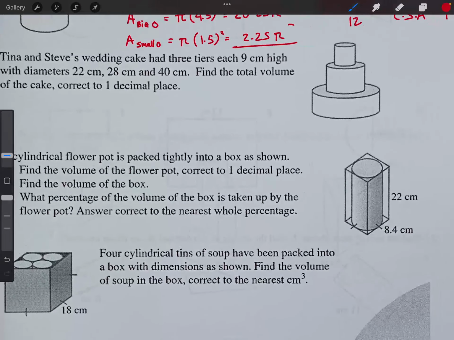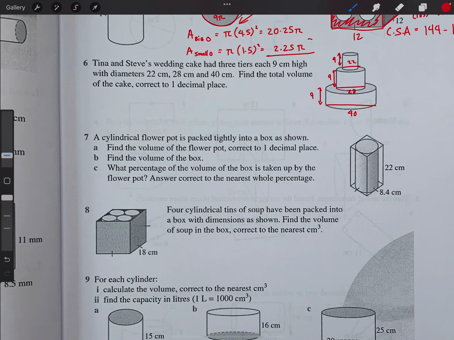Okay, so we know that each of these is 9 centimeters high. And the diameter of each cake, the diameter of this one is the largest one, this is 40. This one is 28, and this one is 22. So it says find the total volume of the cake correct to 1 decimal place.